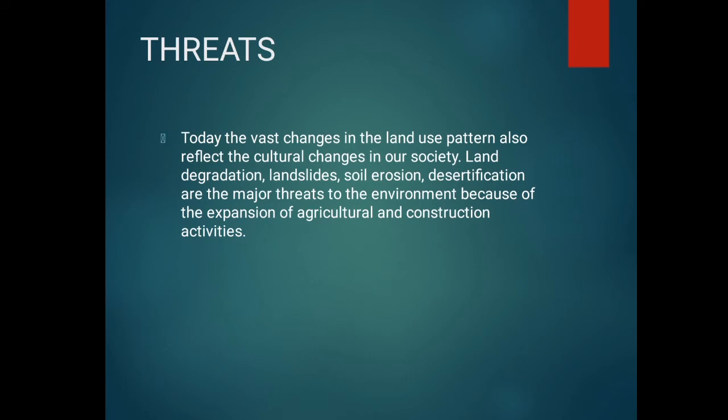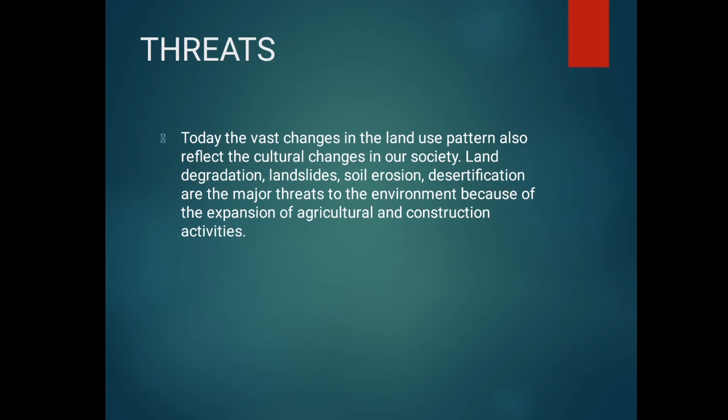Threats. What are the threats we are facing by overusing the land? The main threat is land degradation. What is land degradation? The quality of the land is disturbed or reduced.